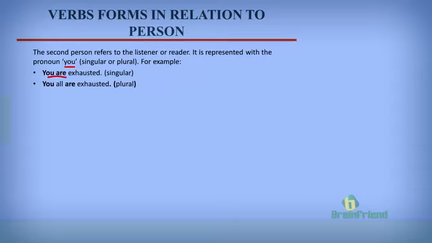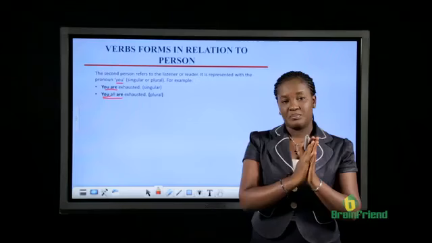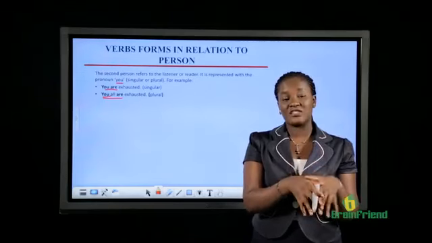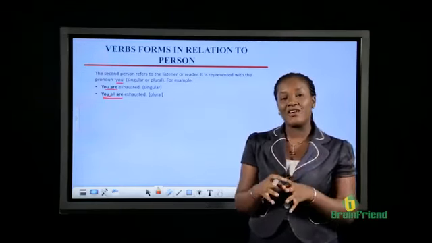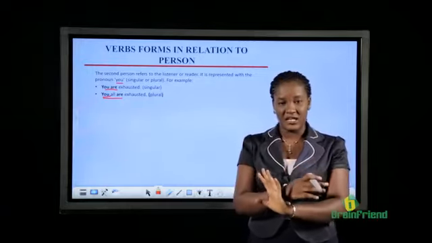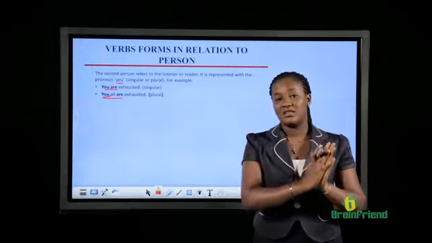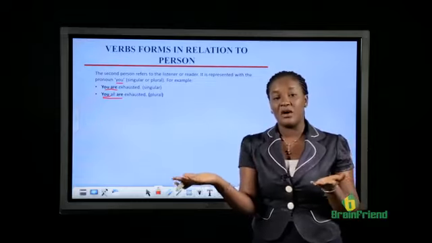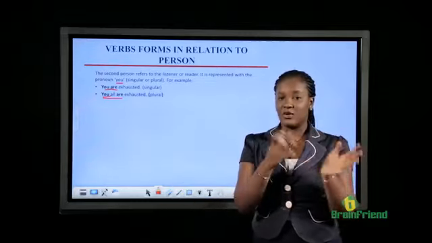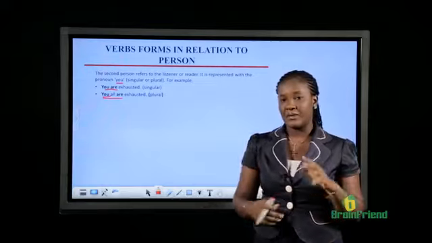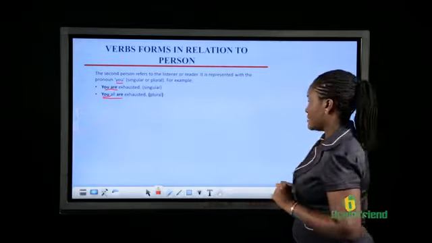Then we can also say, you all are exhausted. You here doesn't refer to one person, it refers to a group of people. So the second person must also agree with the verb and vice versa. You don't use a verb meant for the first person, singular or plural, for the second person. So that's basically what we are trying to say.